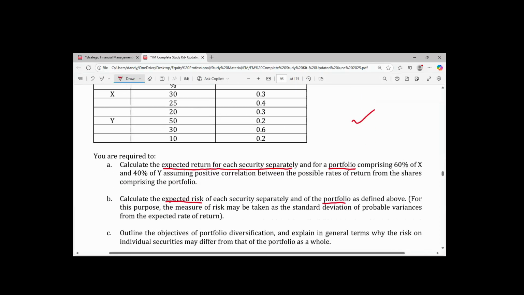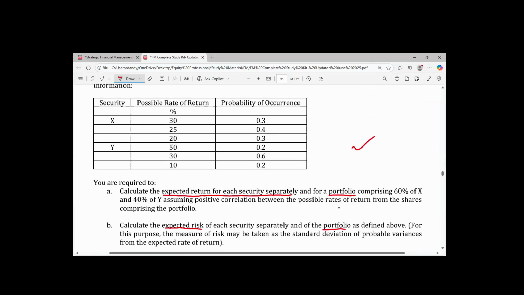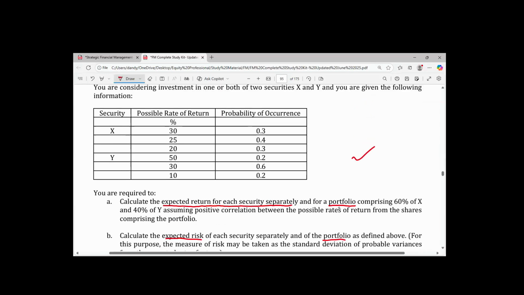One thing you also need to understand is that as far as a portfolio is concerned, your return must be expressed in percentage. Please pay attention to this. At all times, when you are given a question under portfolio, your return must be expressed in percentage.